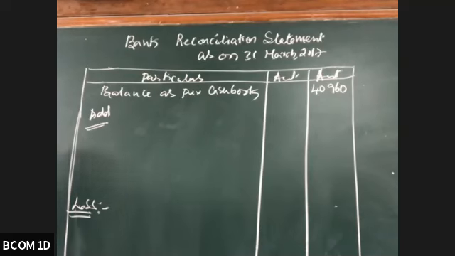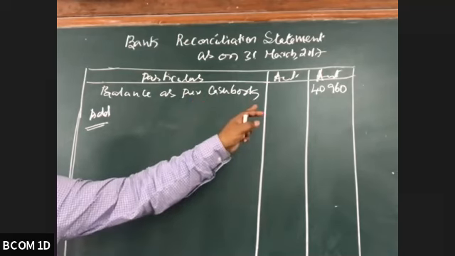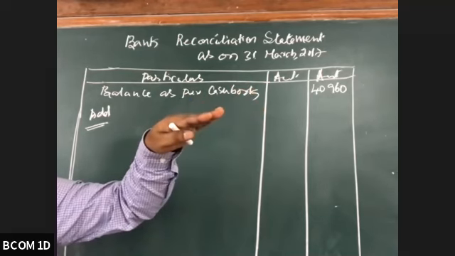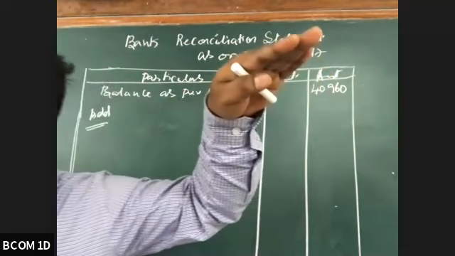What is the first transaction? Bank charges not entered in the cash book. When bank charges are not entered, as per the cash book the bank balance is more, as the passbook balance is less.